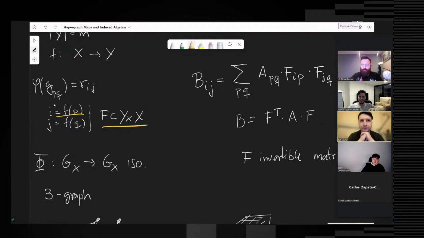The algebraic structure of composition, which ends up being just matrix multiplication, is carrying the spectrum over. It respects the spectrum in this context.